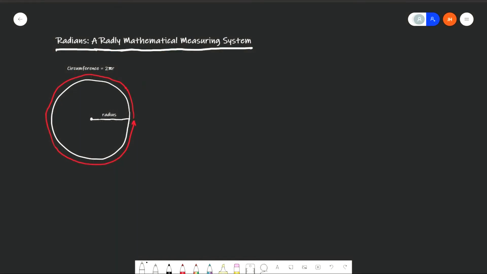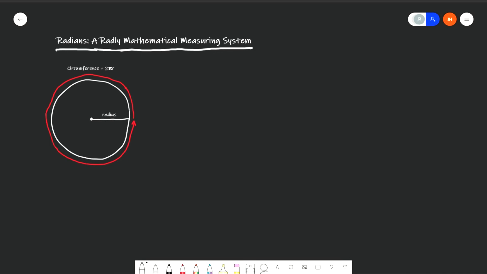So while we've been looking at revolutions and angles and angle measurement, it's going to be a pretty natural transition for us to start looking more at circles, right? So what I want to remind you guys is a circle has a circumference which is equal to 2 pi times its radius, right?